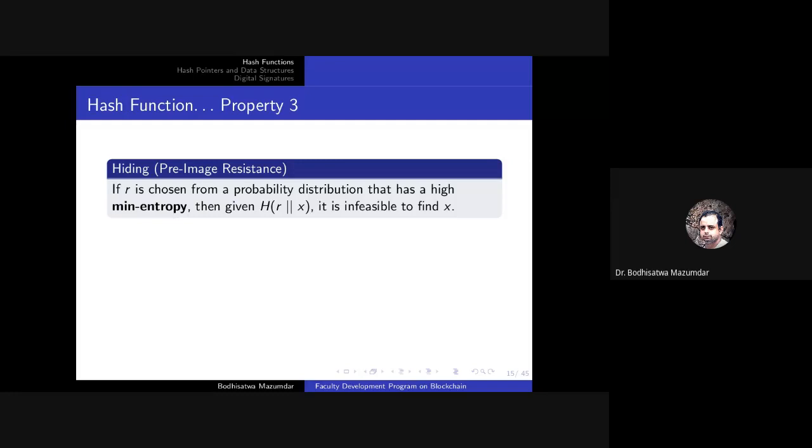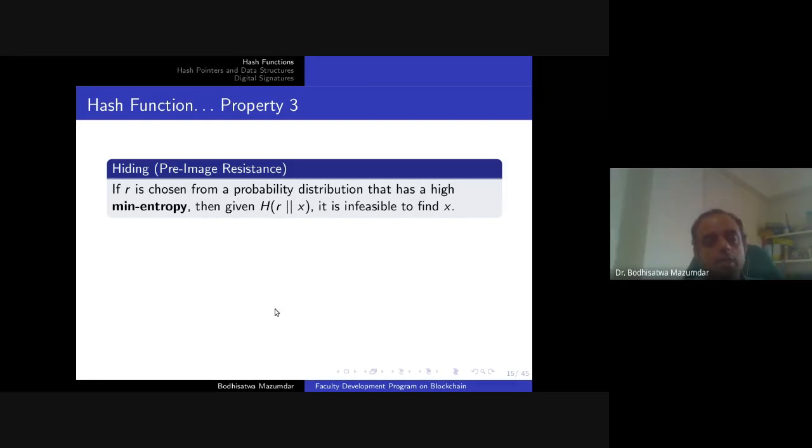For instance, if you consider a 256 bit input, the sample size would be of the order of 2 to the power 256, which is a very high sample size. So the probability of hitting one sample in that case is 1 by 2 to the power 256.